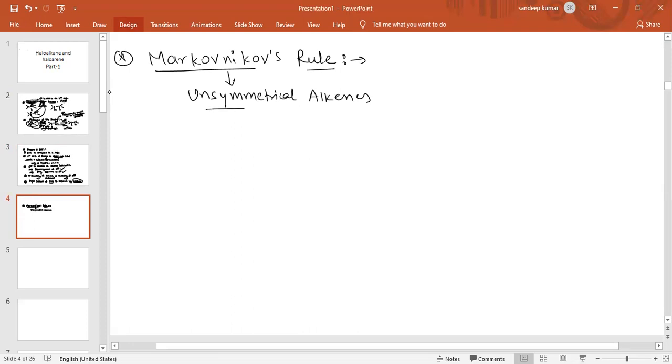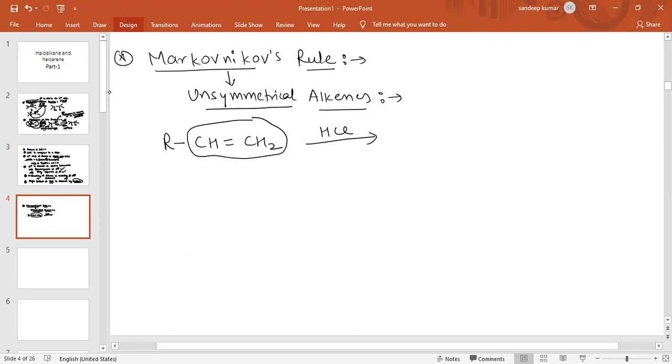For example, when an unsymmetrical alkene like R CH double bond CH2 is there and we want to add HCl, addition always occurs across the double bond.